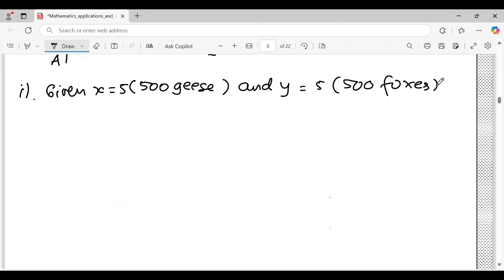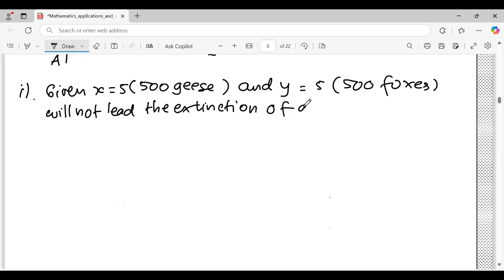So x equals 5 and y equals 5 will not lead to the extinction of geese.